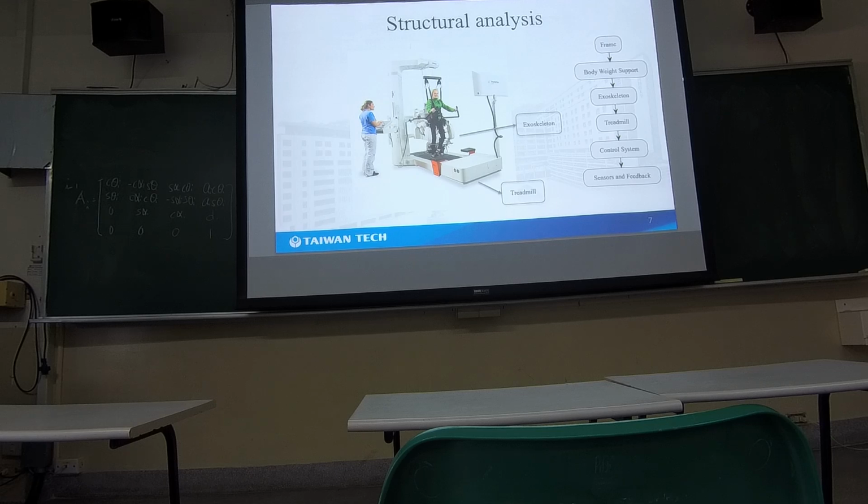Lokomat also has a treadmill system allowing the robot to offer support and guidance during the training. The combination of the exoskeleton and the treadmill creates a dynamic training environment that helps restore walking function in patients with impaired mobility.